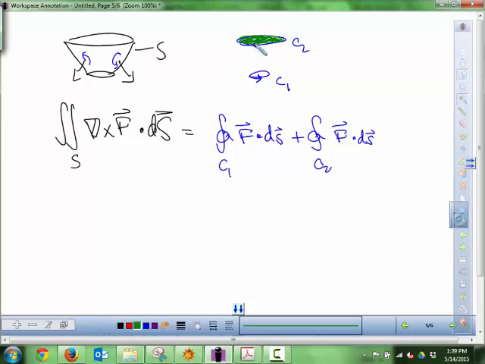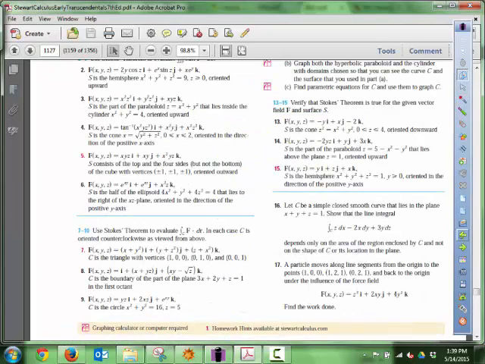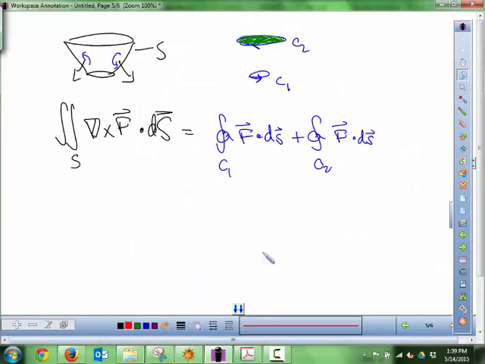So if it's going this way, the right-hand rule would make the orientation point down. And then for this one, it would be pointing up or down.